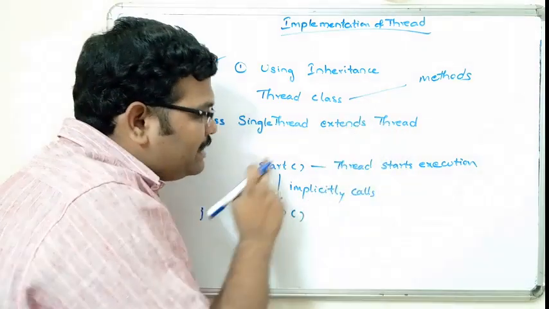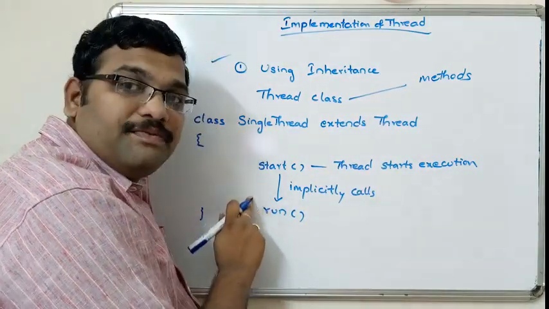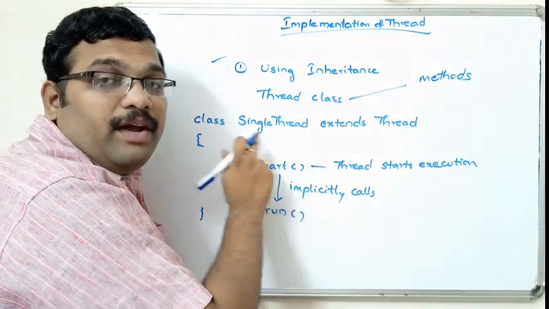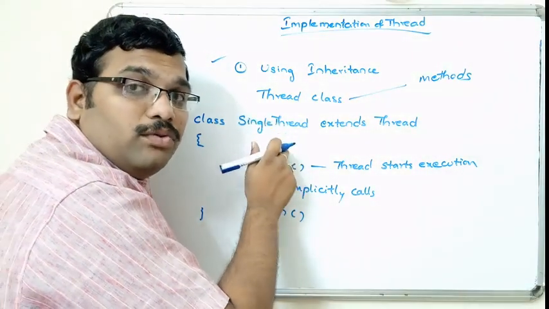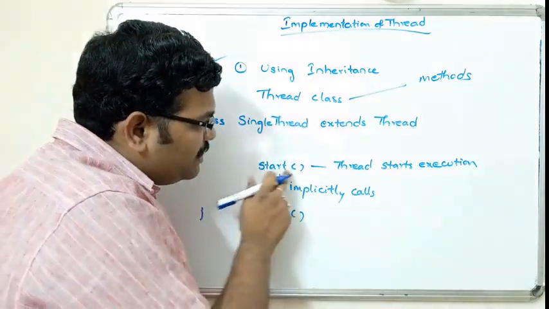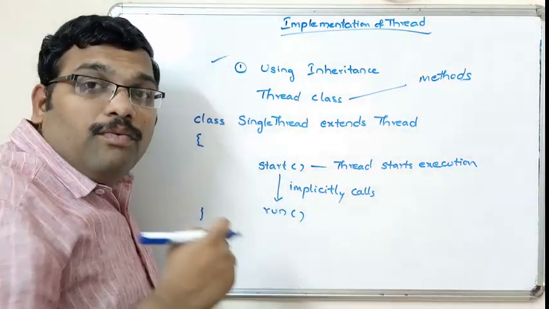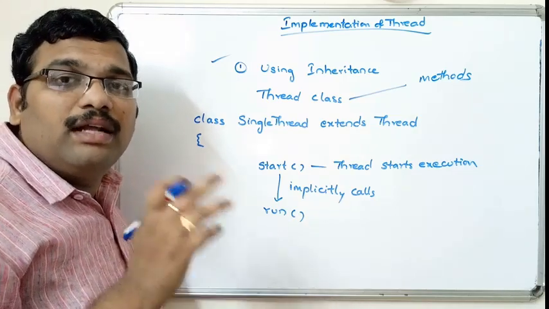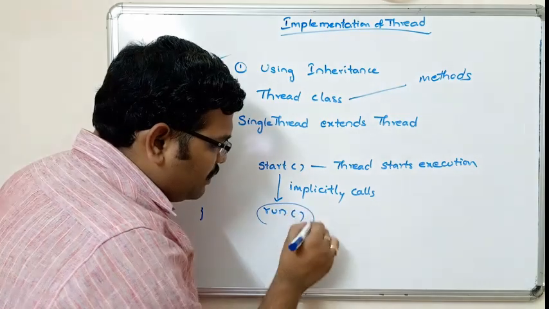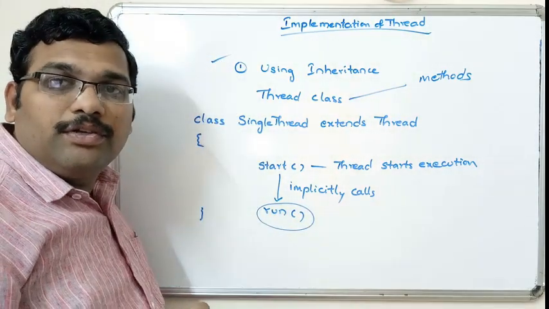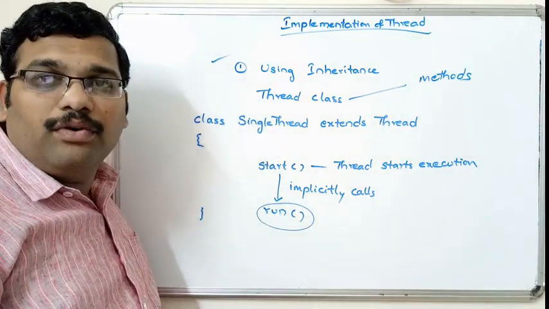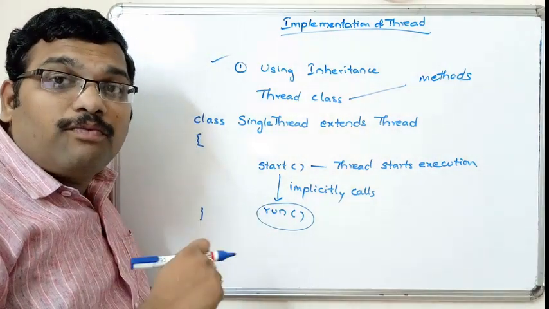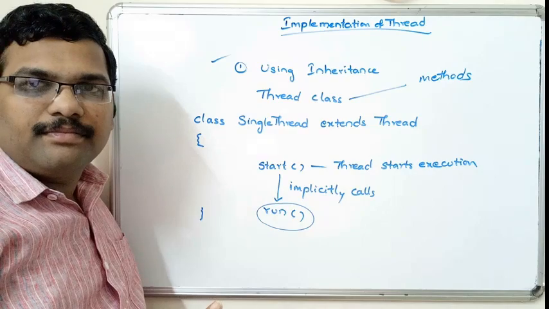So we are accessing these methods with the derived class object. We have to create a derived class object, and through it we will access start and run. Whatever thread process we want to execute should be written in this run function. That means we are overriding the run function.